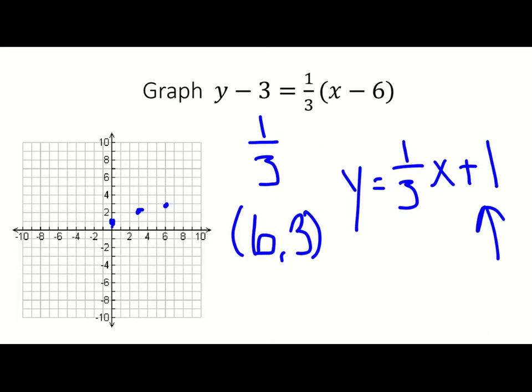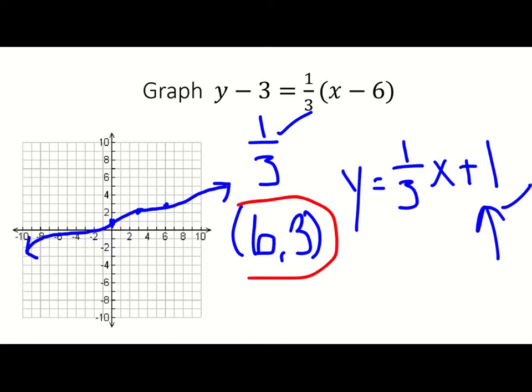Once you've plotted your 3 points, connect them with a line. Make it as straight as you can. That was a little curvy. And then put arrows at the end. Now what you should notice, we just used the y-intercept and the slope. But what we should notice is that our point should also fall somewhere on that line.